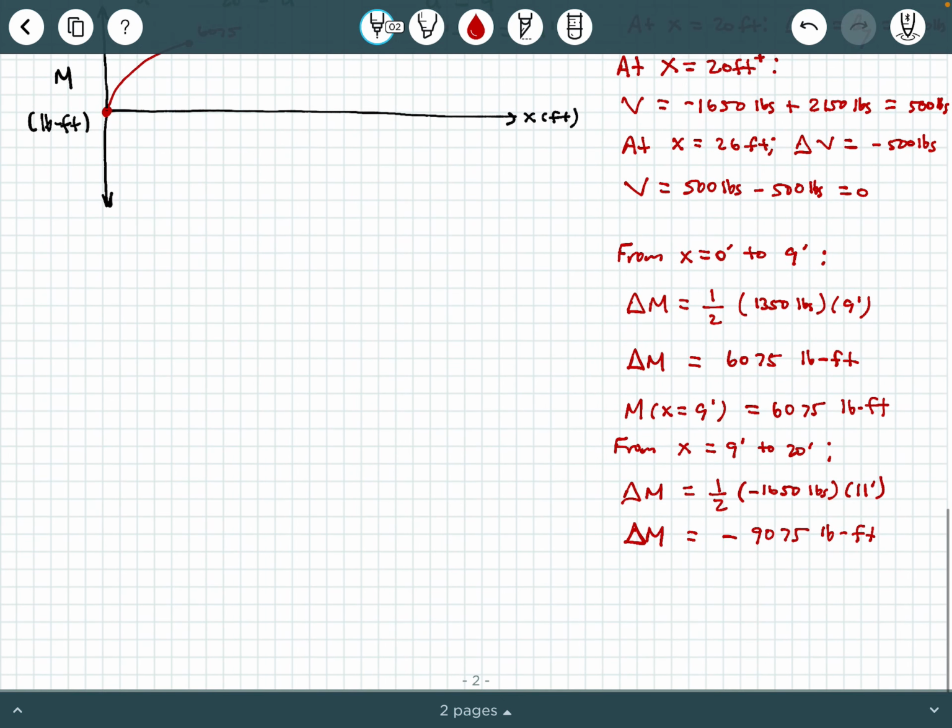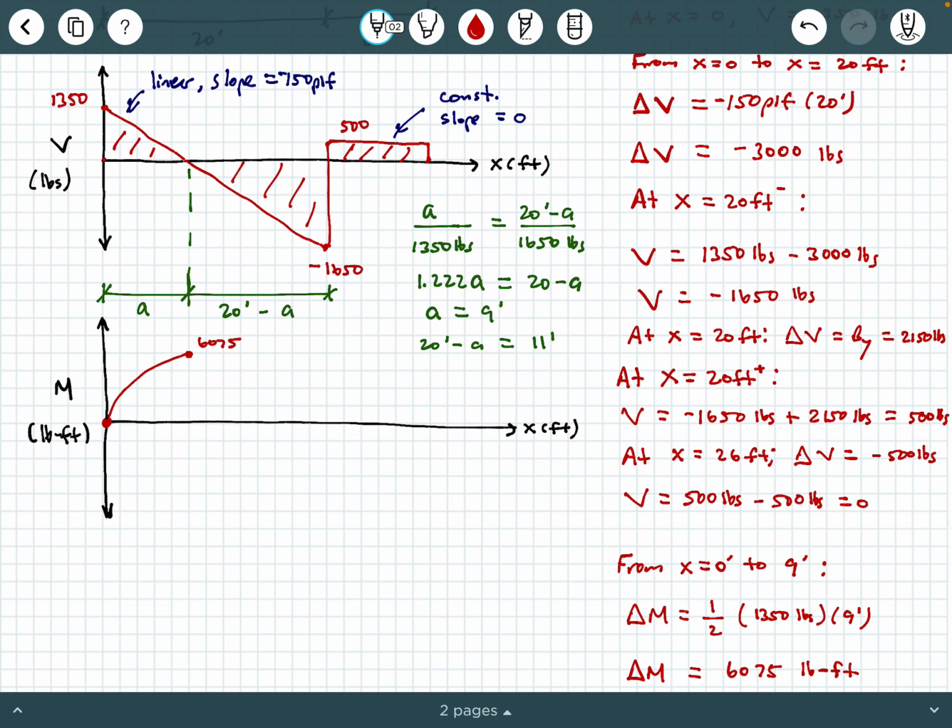So I'm going to say next, at x equals 20 feet, the moment is going to be 6,075 pound-feet minus 9,075 pound-feet. And so that will get us a value equal to negative 3,000 pound-feet. All right, so that's going to take me down to about right here.